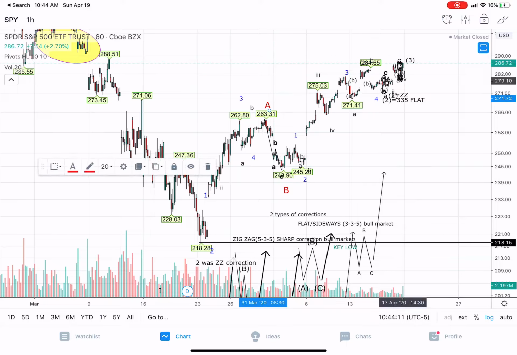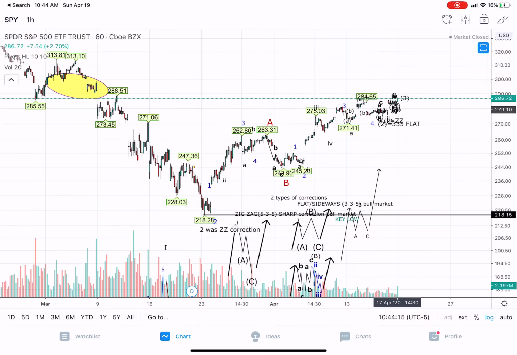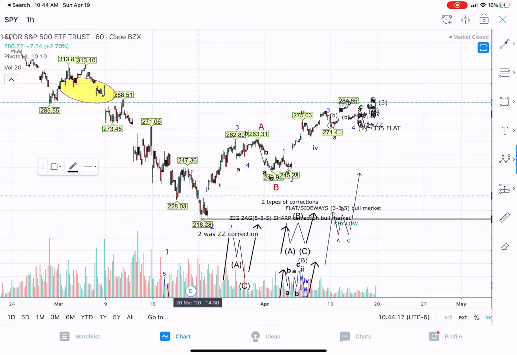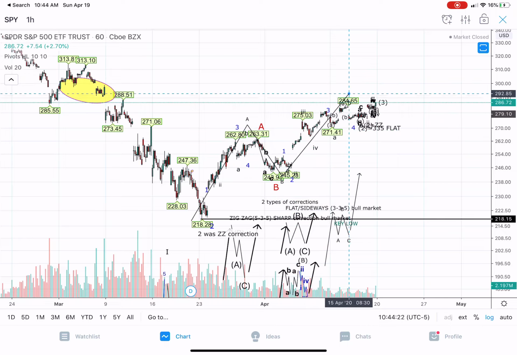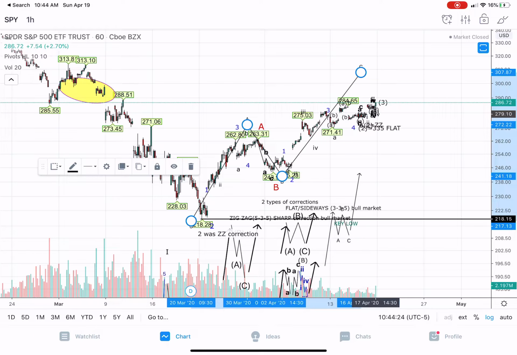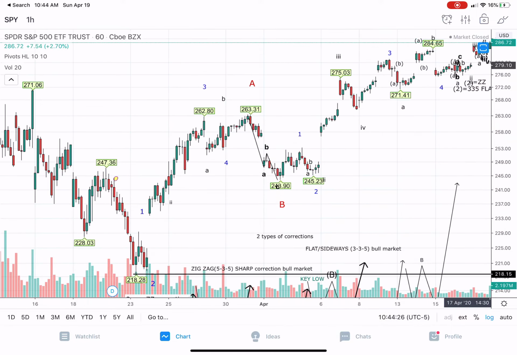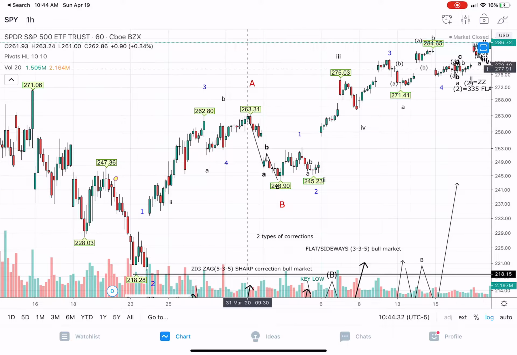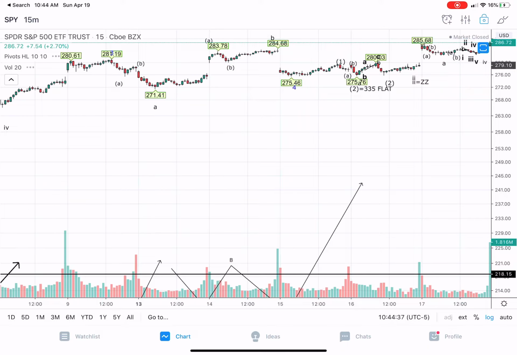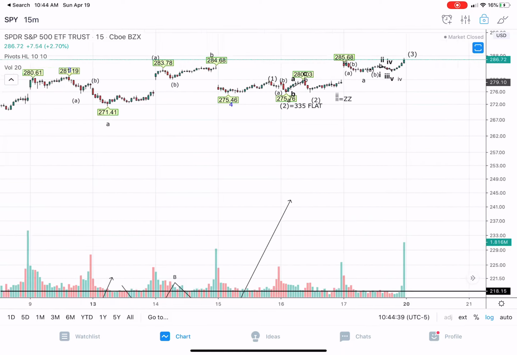Now those 5 waves came together to form wave A, because remember, my count is suggesting that we are in a larger degree corrective cycle, which breaks down into A, B, C. So knowing that these 5 blue subwaves came together to form wave A of a larger degree in this corrective cycle, we go back down and we find out where the wave B can end.